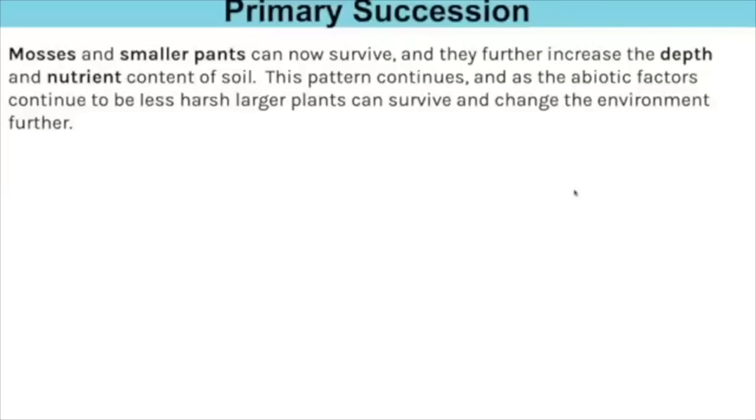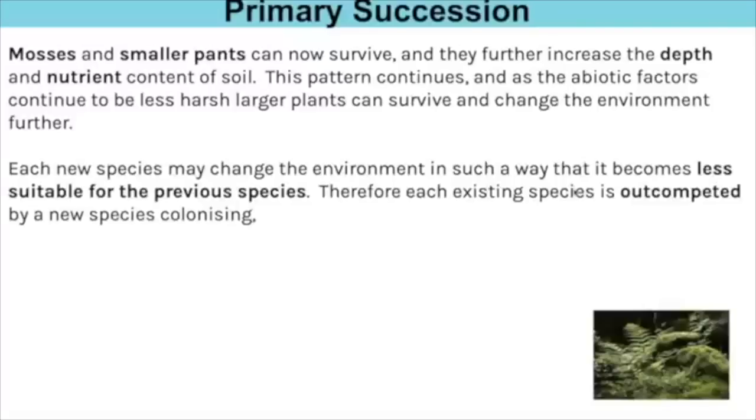Mosses and smaller plants are now able to survive in that area, and they further increase the depth and nutrient content of the soil. And this pattern continues, and as the abiotic factors continue to be less harsh, larger plants can survive and they continue to change the environment further.